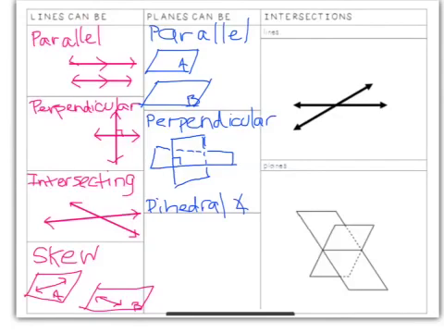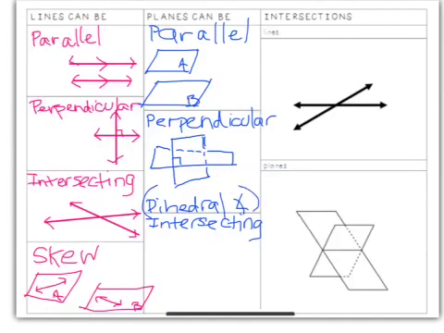So, as I said, perpendicular planes are meeting at a right angle, and this angle that 2 planes form when they intersect is called a dihedral angle. Intersecting planes also are crossing paths, and they're forming a dihedral angle.